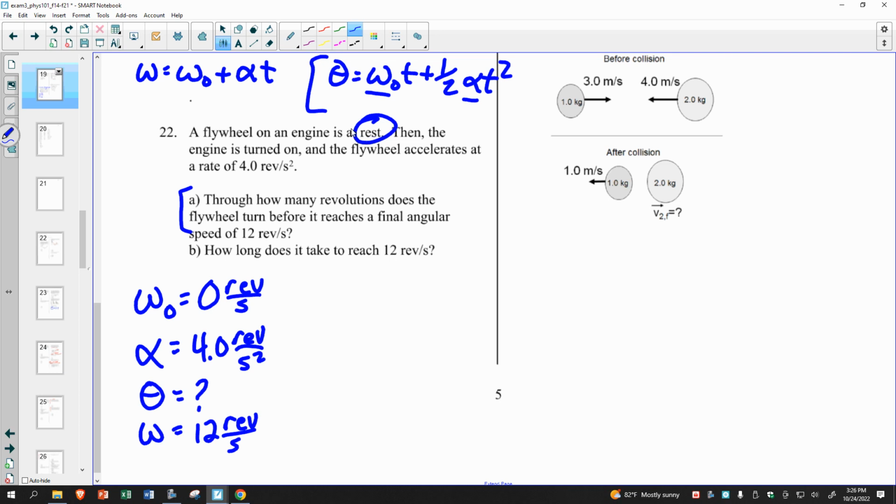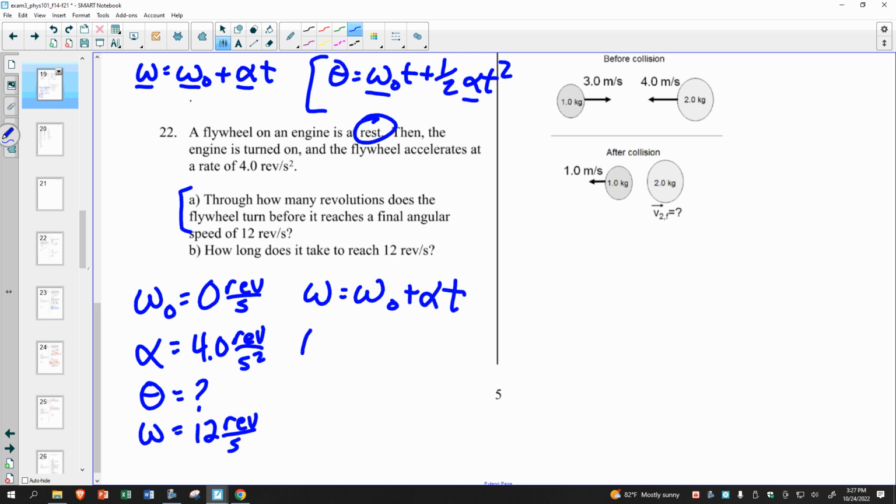So that means I'm going to have to figure out what is the time for it to reach this. But look, I know omega naught, and I know alpha, so I can figure out the time for it to get up to 12 revolutions per second, and then I can determine what is the angular displacement in that time. So the first part is just to say omega equals omega naught plus alpha t.